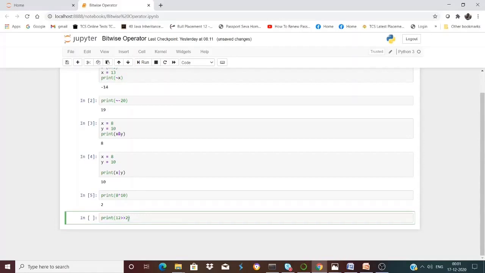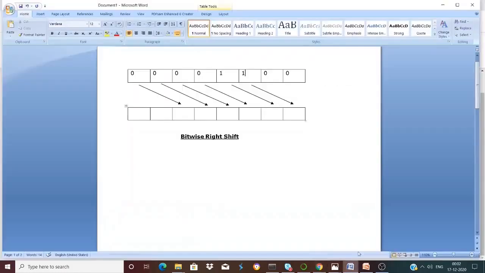As the value of the second operand is 2, every bit of the first operand is going to shift 2 places to the right. So let's see how this shifting actually happens. So this is the binary representation of the first operand, that is 12. So this is the binary form of 12. Now what we have just said, we have said that every bit of this binary will shift 2 places to the right.